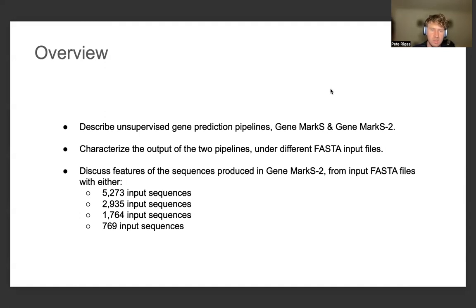And we'll be able to characterize the output of two different pipelines, namely GeneMarkS and GeneMarkS-2, under different FASTA input files.